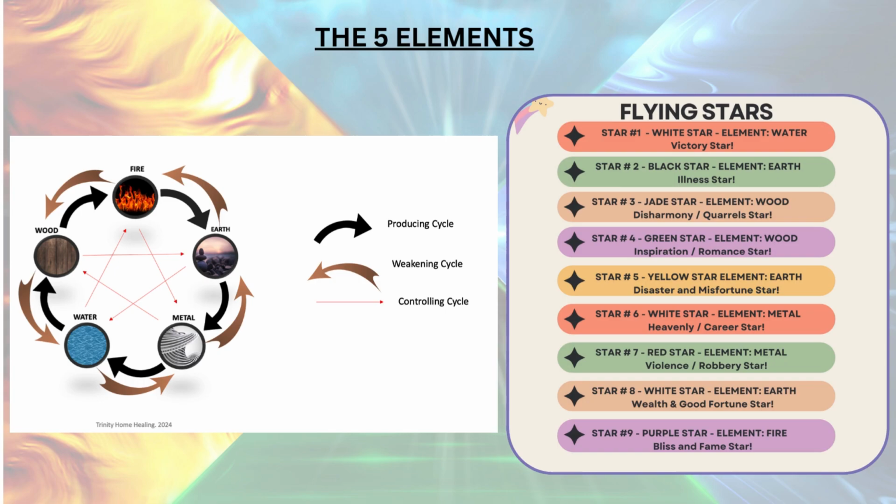So wood feeds fire. So going in a clockwise position, this is your producing cycle. This is the activating cycle. Fire produces earth. Earth bears metal. Your metal collects water, and the water nourishes the wood.